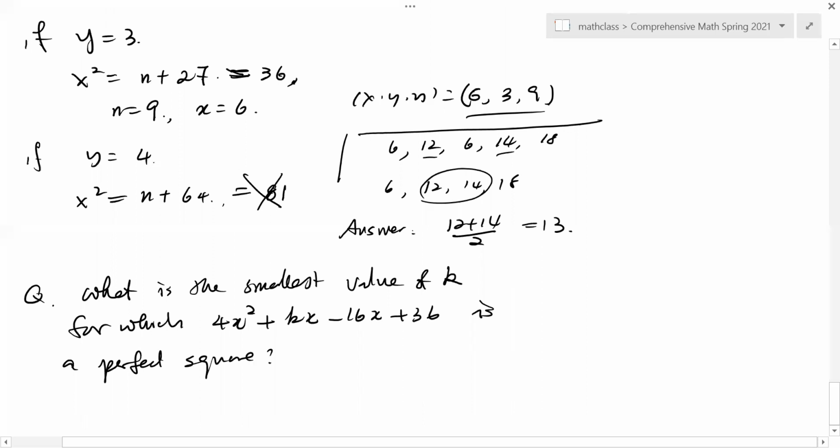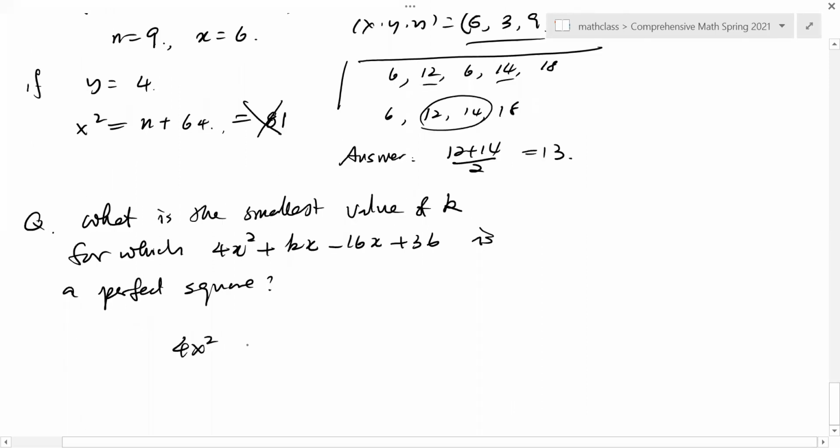Now, what does it mean, perfect square? Perfect square means it's going to be something squared, okay? And then this must be a linear term, ax plus b.